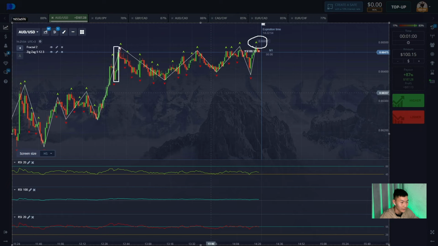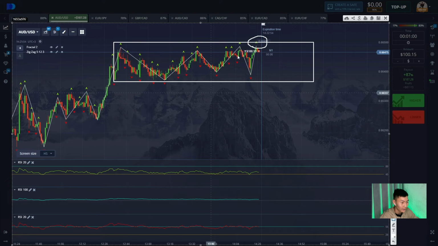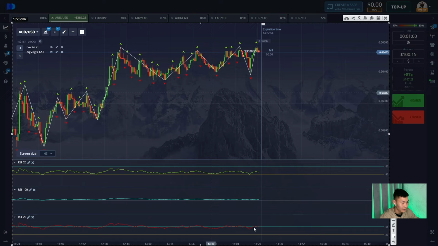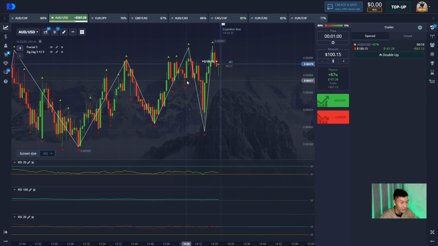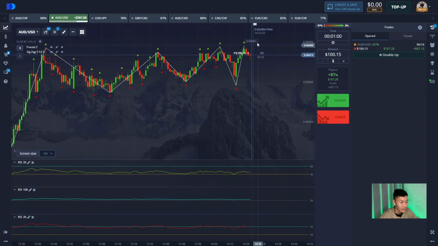I mean the price is moving from the support zone up to the resistance zone. Look at this zigzag shape, and I guess everything should be clear. We see the crossing on the lower RCI. That's why we open the short position, and let's wait for the outcome.